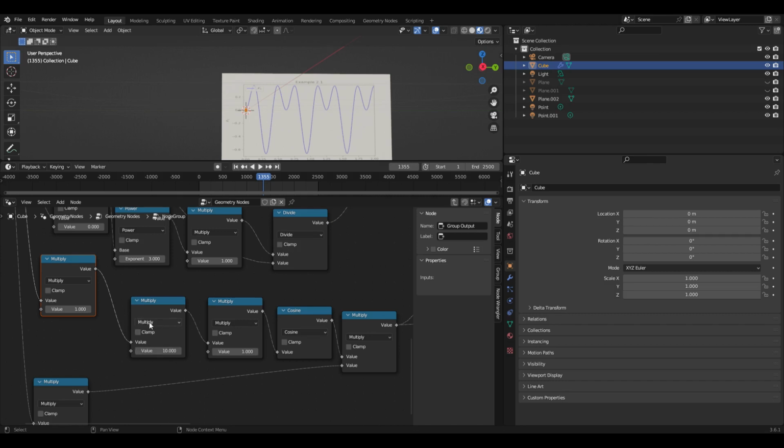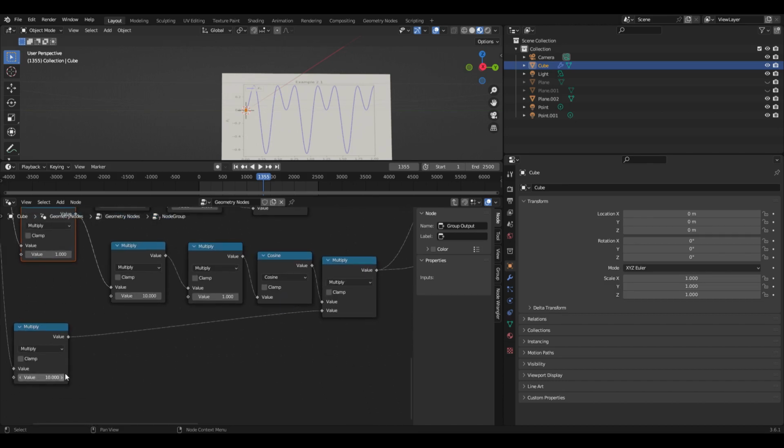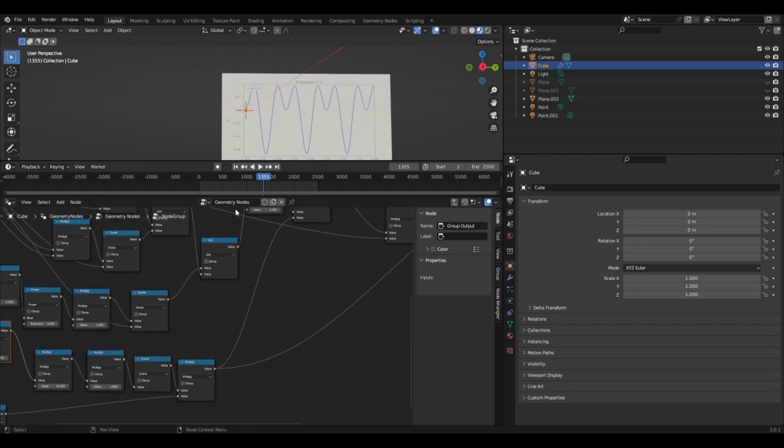You can see time, follow it down. So that time is being multiplied by this 10, and what this is doing is calculating an omega t that goes into a cosine function and then is multiplied by an amplitude.